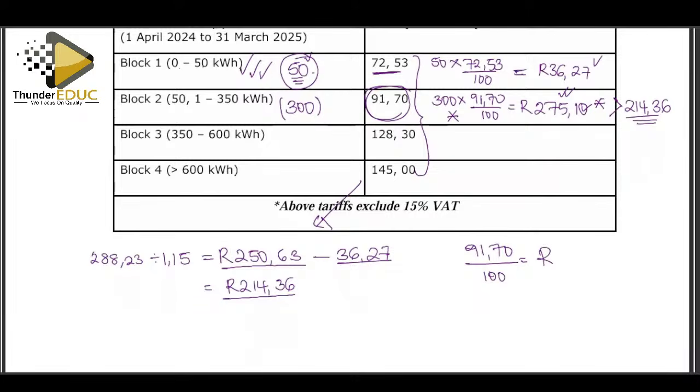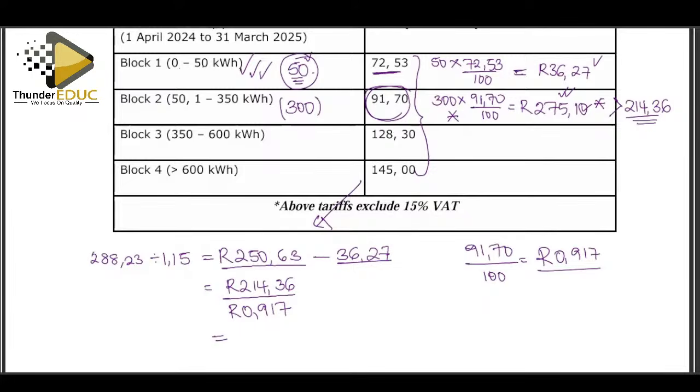So in rand form, it will be, don't round off, leave it the way it is. So in rand form, it's this much. So you divide. It's not a must that you put the R, but I'm showing you that we're dividing rands by rands.